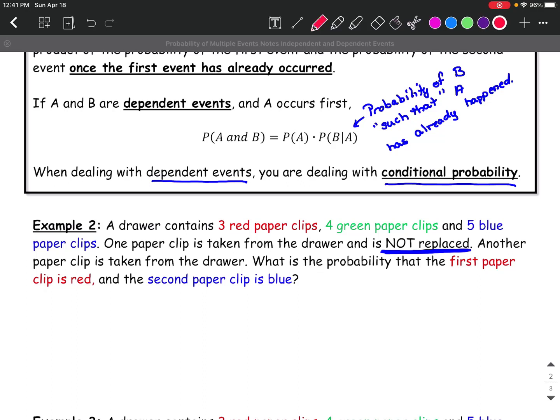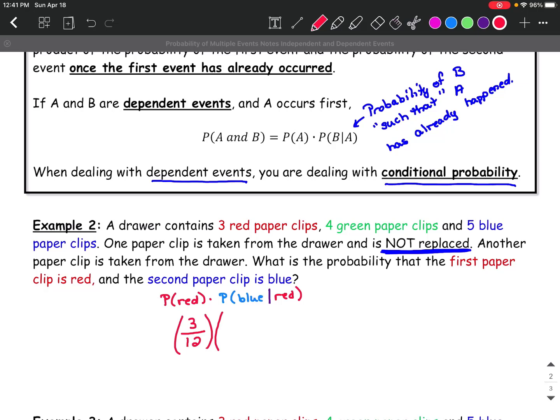But let's take a look. We want the probability of getting a red paper clip times the probability of getting a blue paper clip, given that we already pulled out a red paper clip. Okay, so when we reach into the drawer the first time, there are 3 red paper clips out of 12 paper clips in the drawer.